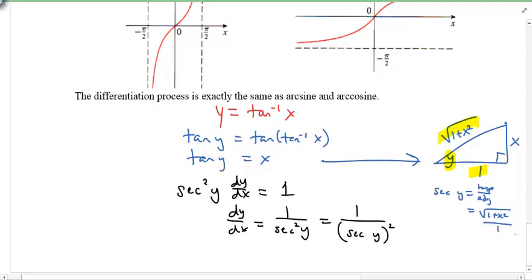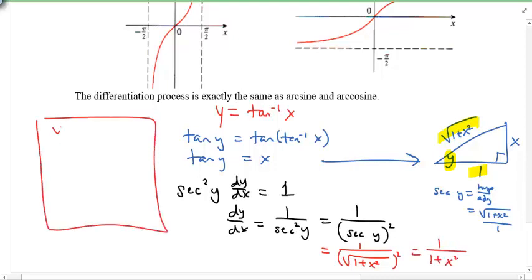So this becomes 1 over the square root of 1 plus x squared, all squared, or just 1 over 1 plus x squared. And so we've got it now. 3 inverse trig functions and their corresponding derivatives that you have to memorize.